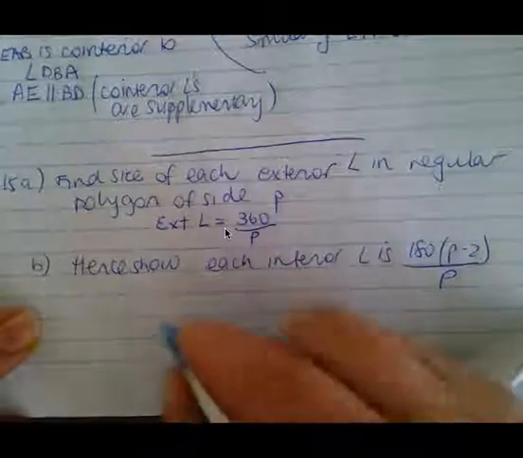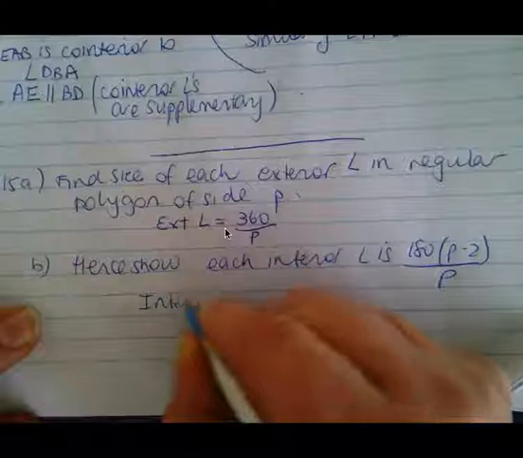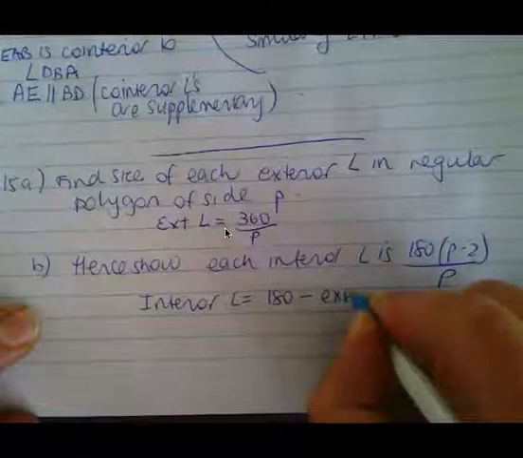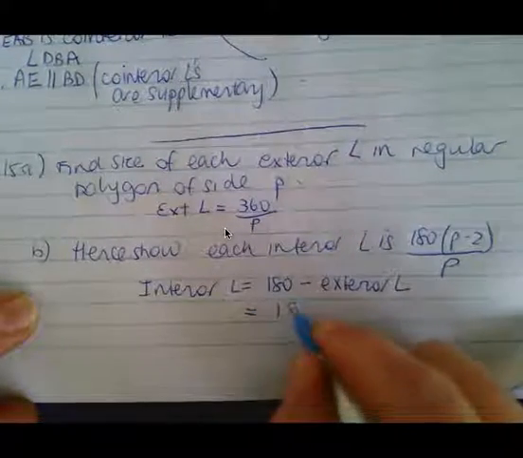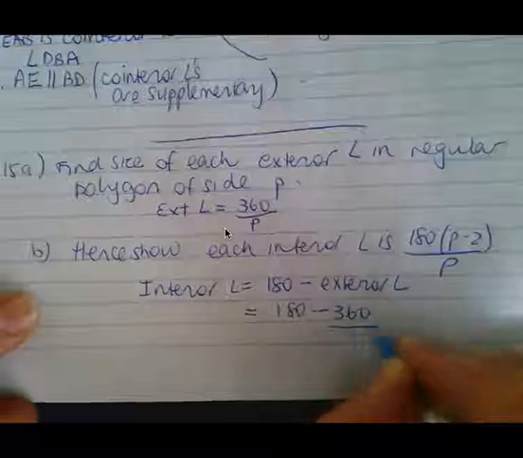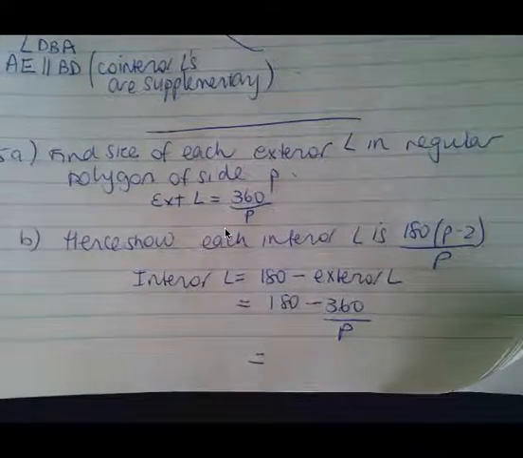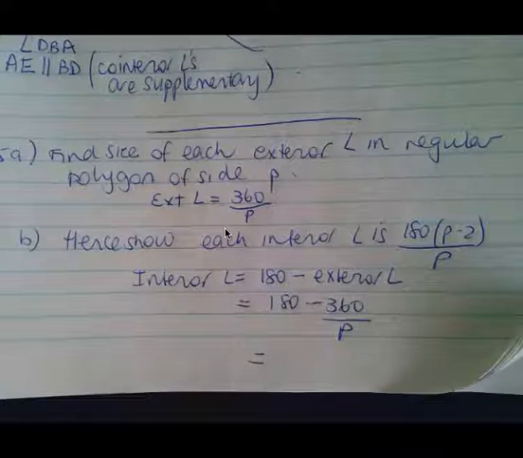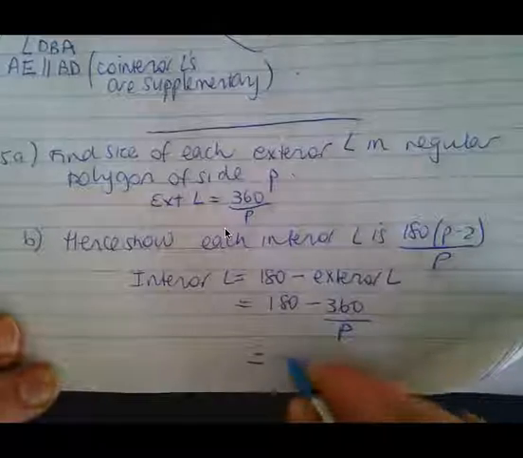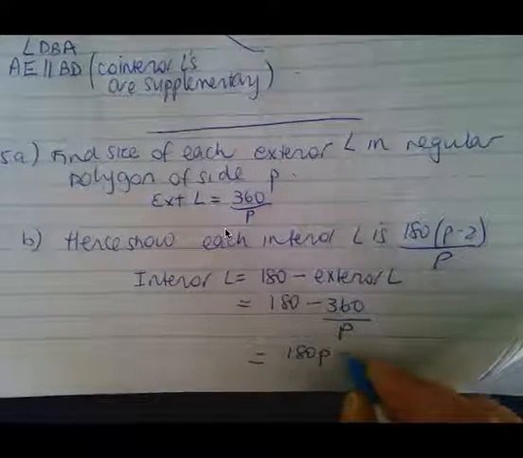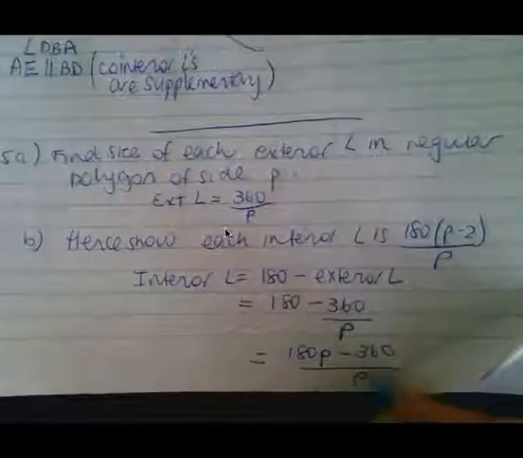So now, doesn't the interior angle equal 180 minus the exterior angle? Because don't they both lie on a straight line? So it's 180 minus 360 over P. So what do I do with that now? What could you do? Do you want to make a common denominator? So isn't that actually 180P minus 360 over P?